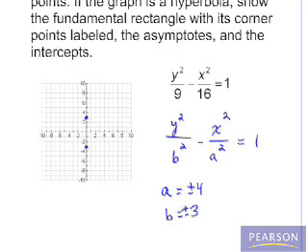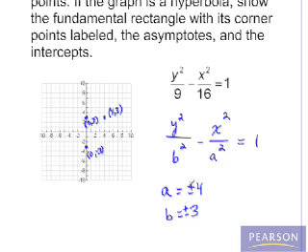Now we'll take these values and come up with all 4 corner points of our fundamental rectangle. Again, a would be the x-coordinate, b would be the y-coordinate. We're going to have (4, 3). This point was (0, 3), and this point (0, negative 3). Back to the corner points: we used (4, 3).